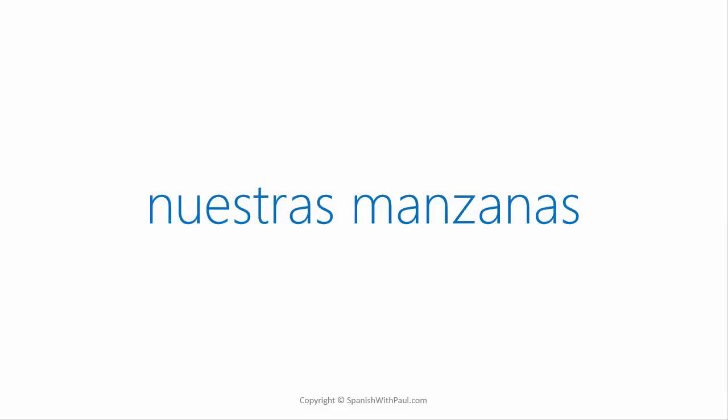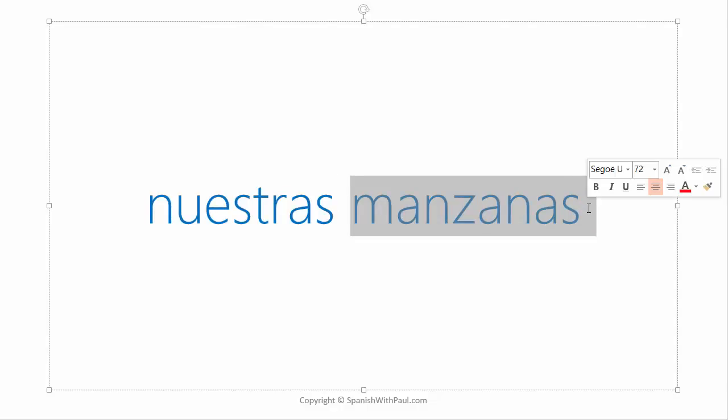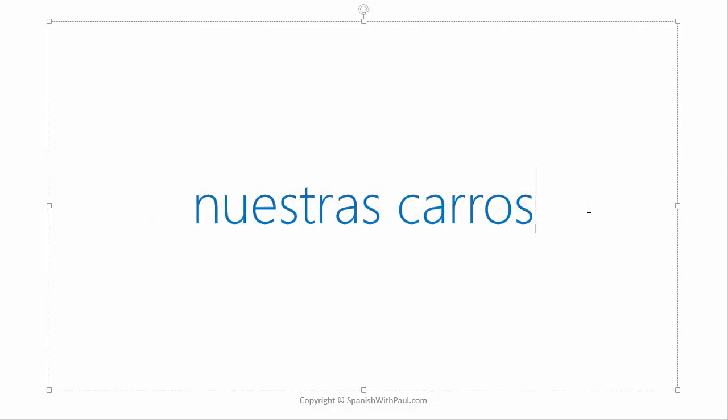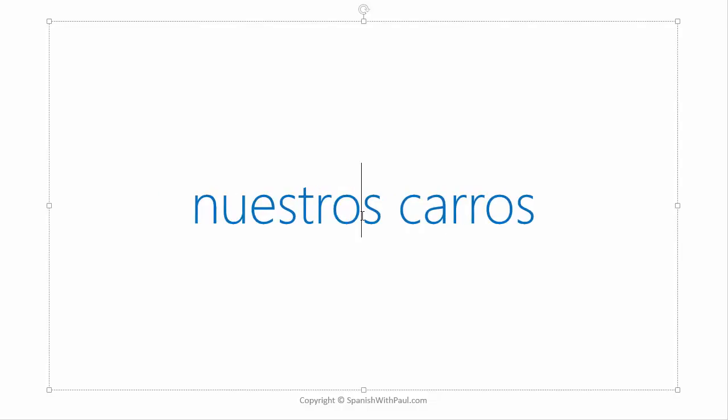Nuestras manzanas. So we have adding an S again onto both words to make it plural. And because manzana is a feminine word, we have nuestras instead of nuestros. If it was a masculine word like, say, our cars, then this would change like this, nuestros carros.